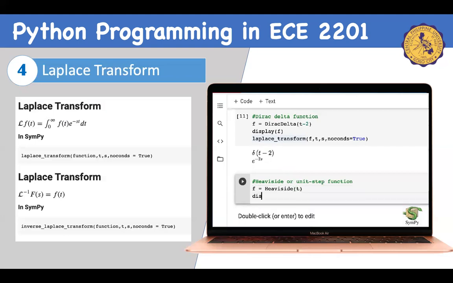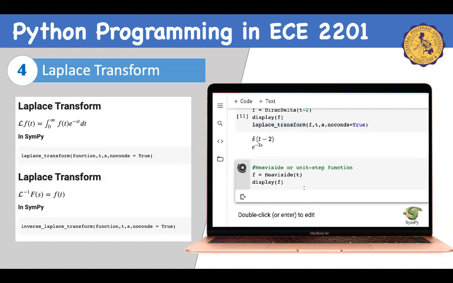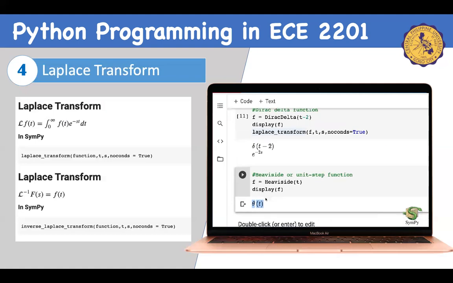Take a look at the symbol for Heaviside. You can see the symbol is theta. So we will be using theta in SymPy to represent the Heaviside function.